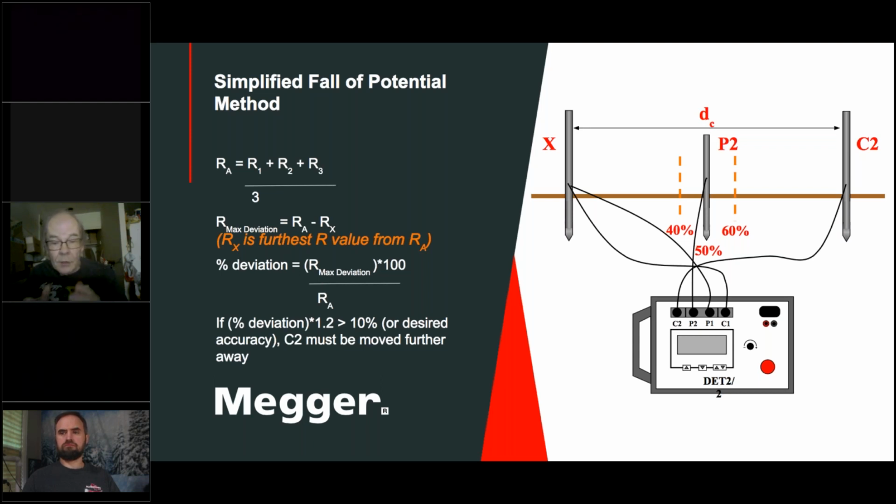So it's a great tester to use where it applies, but you do need to be aware of the limitations. And the third thing is also you can't proof your test result, whereas with a fall of potential, if you're dealing with a client, you can look at your fall of potential and graph it, and your client can look at that and can see that you did it correctly and that your reading is reliable.